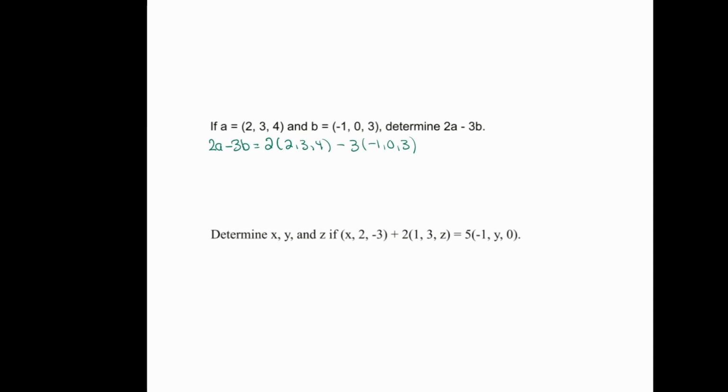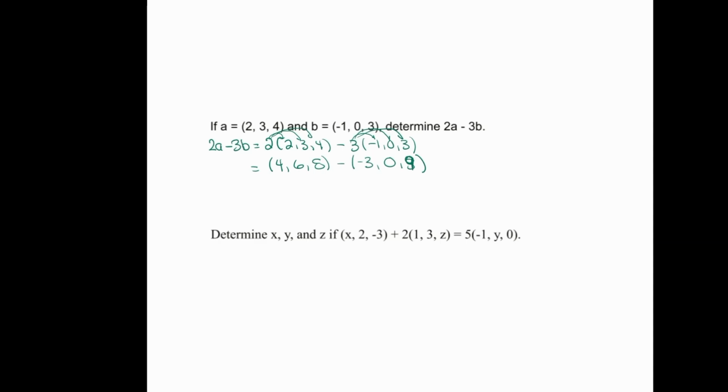We're going to go ahead and use our distributive property, just like we would anytime we have a bracket, and distribute the scalar multiple, the 2 and the 3, into both of those vectors. So we end up with 2A is equal to 4, 6, and 8. And 3B is now equal to negative 3, 0, 9.